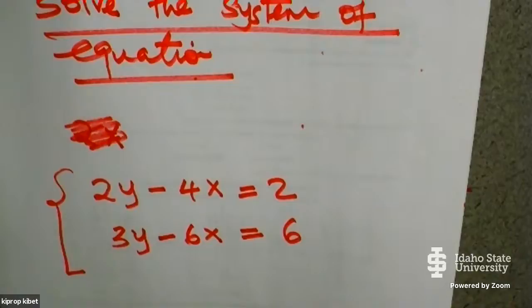You get y equals 2x again, right? So if the gradients are the same, then it is parallel. And if it is parallel, there is no solution. So you don't get any point there. Okay.